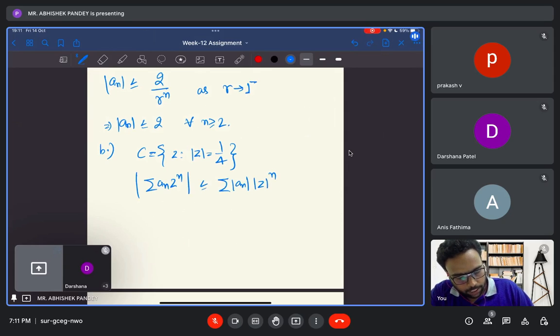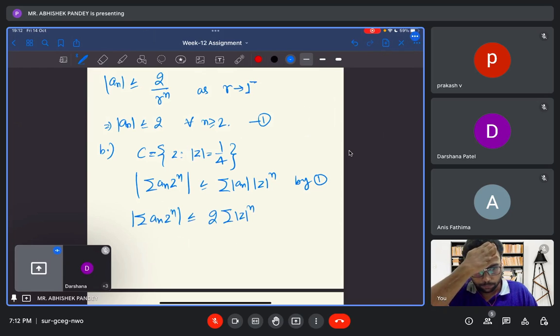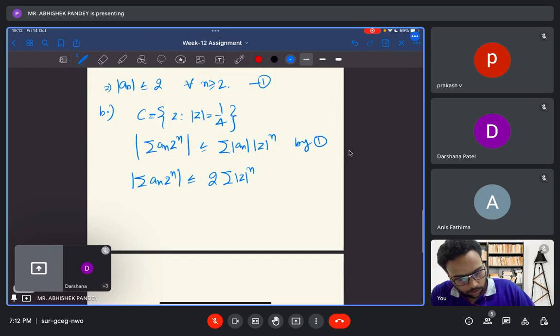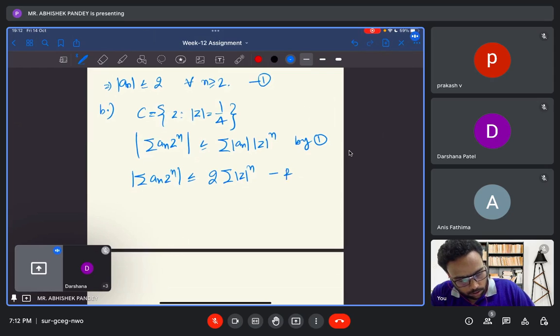Let us call this 1. So by 1 it is less than or equal to 2 into summation mod z to the power n, isn't it? Let us call this one equation B.